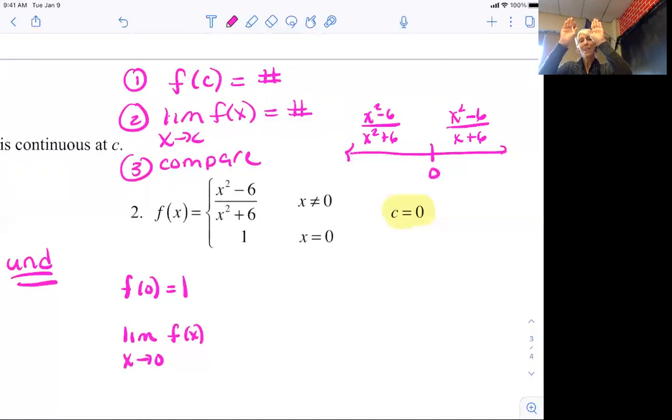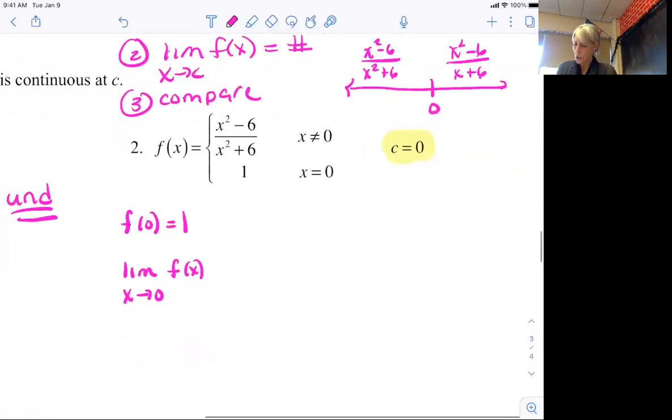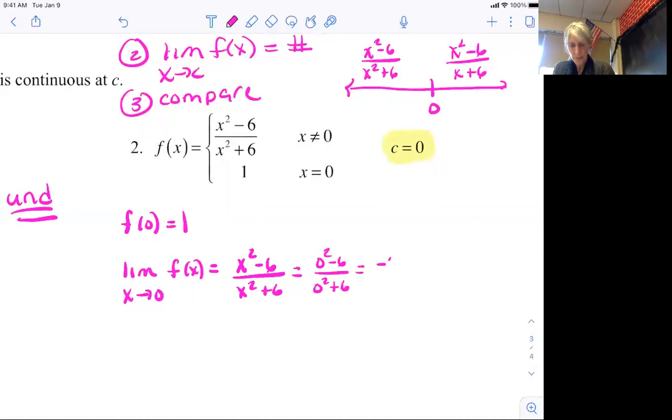So I'm evaluating one-sided limits, but I'm using the same function. Okay, so I can just do it in one step. I evaluate x squared minus 6 over x squared plus 6: 0 squared minus 6 over 0 squared plus 6. I get -6 over 6, which is -1.